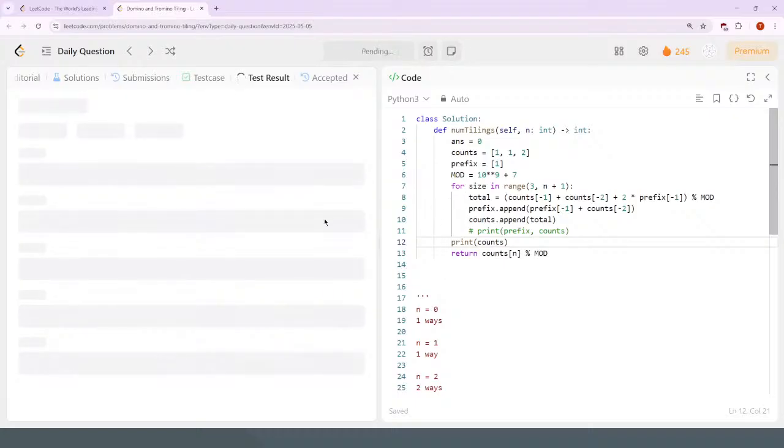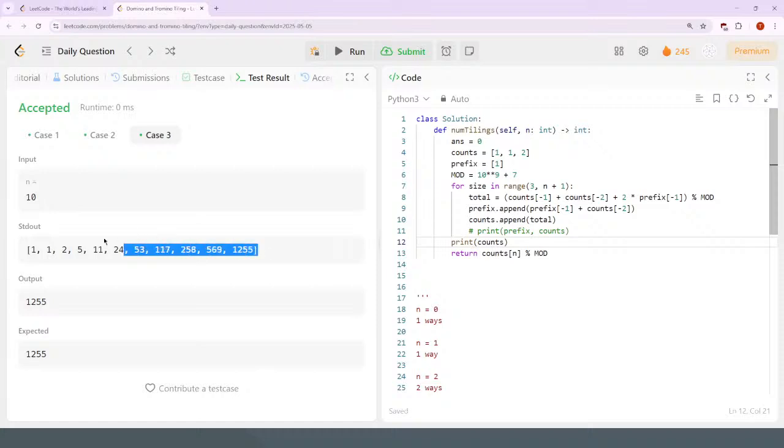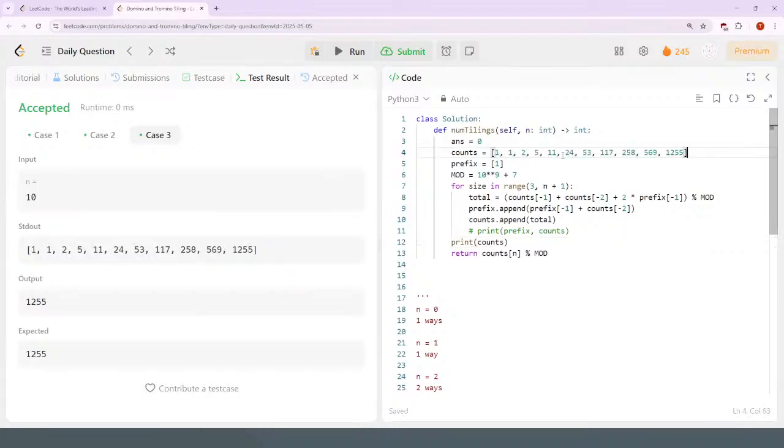Sometimes it's a little hacky, but the way that this works is it's going to recalculate this for every value of n, where n is up to 1000, right? So in theory, you could actually just hard code your answer here.